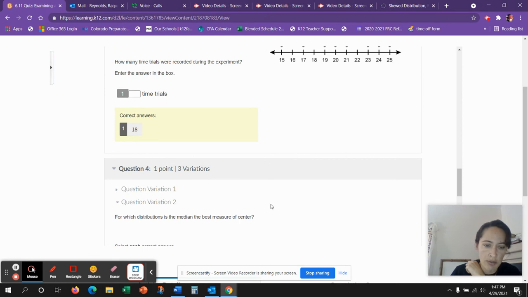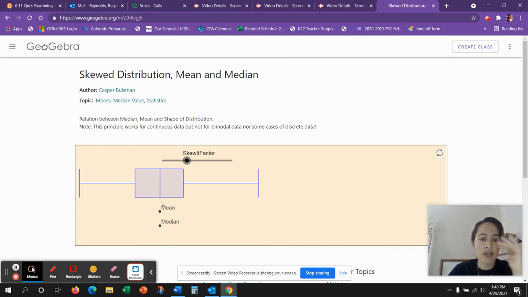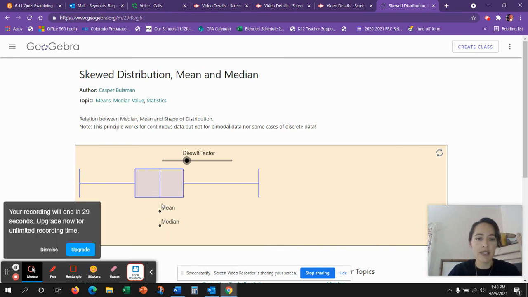Let's see, which distribution is the median the best measure of center? We briefly talked about this. And the reason being is because, again, they're going to give you the better vocabulary and explanations in there. So median is, let's go back. See this? Right now, they're uniform and symmetrical, right? Bell-shaped and symmetrical.